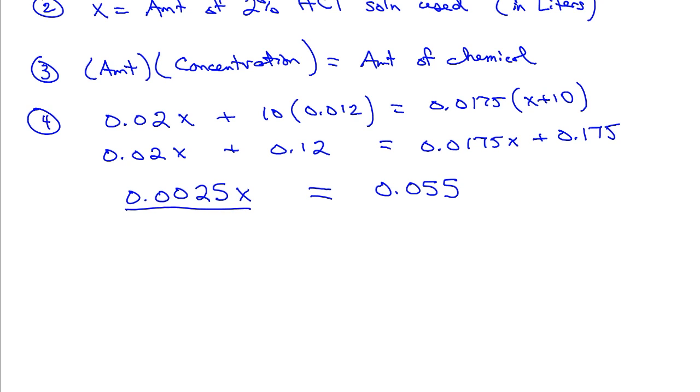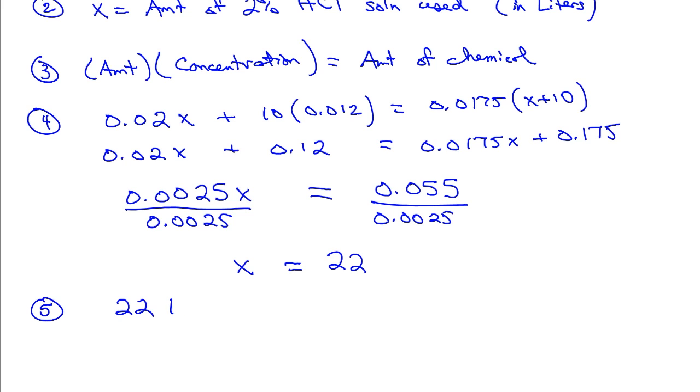Finally, divide by the coefficient, 0.0025, and we get x is equal to 22. So step 5 is 22 liters of 2% hydrochloric acid was used.